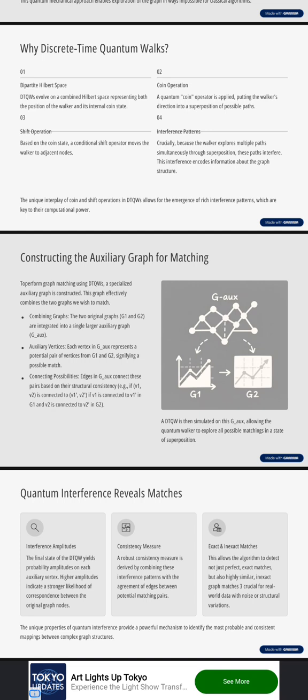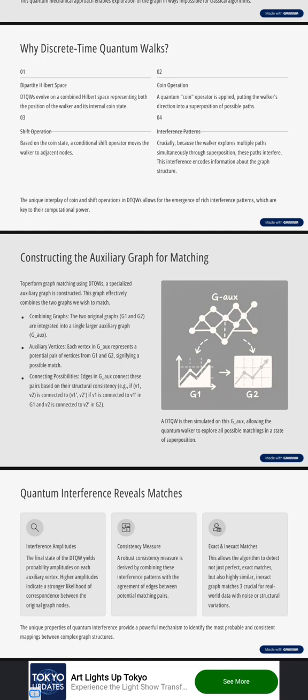To perform graph matching using DTQW, a specialized auxiliary graph is constructed. This graph effectively combines the two graphs we wish to match. Combining graphs: the two original graphs G1 and G2 are integrated into a single larger auxiliary graph.